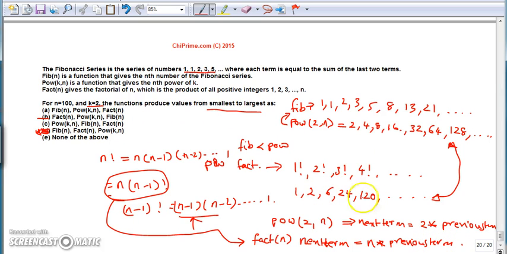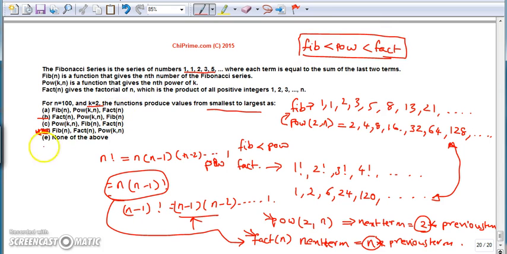So as n grows, if n is greater than 2, which it is for any term after the second term, this function will grow faster than this function, right? You're multiplying the previous term by 2 in the pow case, you're multiplying the previous number by n in the fact case. So factorial grows the fastest. So our conclusion here is Fibonacci grows slower than pow, which in turn grows slower than fact.